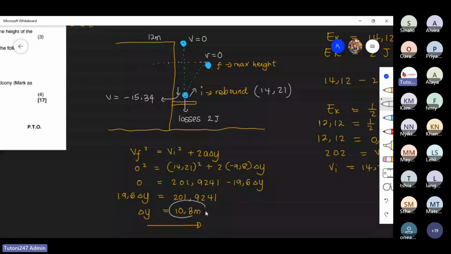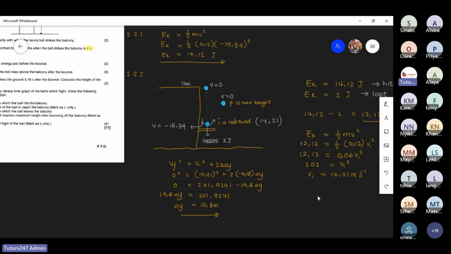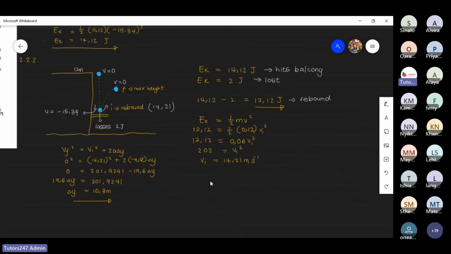Look at our answer, 10.3 is less than 12. So that is another indication that what we've done is correct. All we needed to do was understand that when the object hit the balcony, it lost 2 joules, which means that the energy with which it hit the balcony is not the same energy with which it left the balcony.